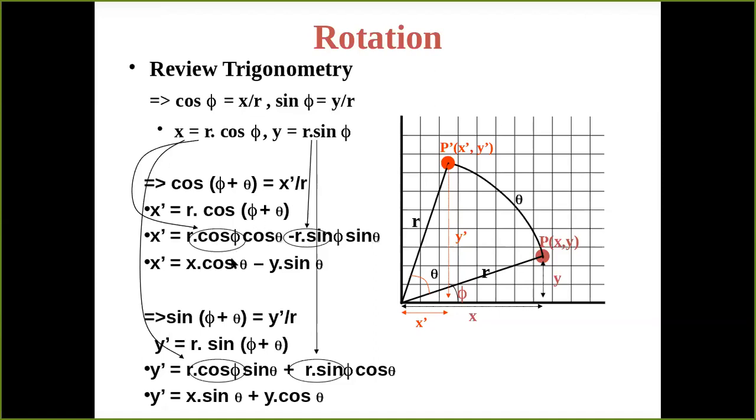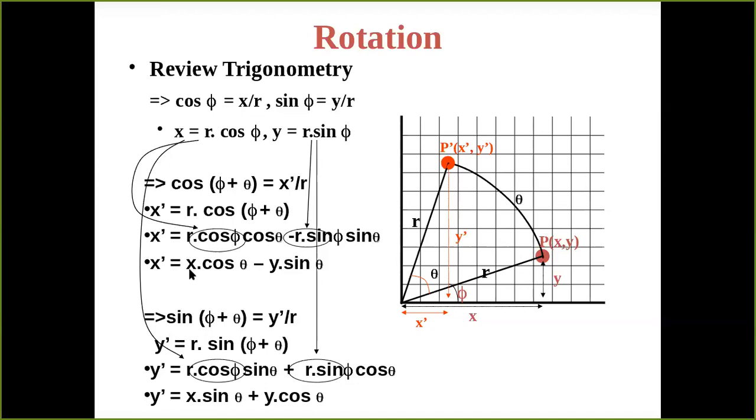Similarly, if we see sin theta plus phi, it is different: take one cos and one sin, then a sin and cos. So cos phi sin theta and sin phi cos theta. The symbol is plus. In cos, this is minus; in sine, it is plus. So expand this formula and you will get x dash equal to this and y dash equal to this.